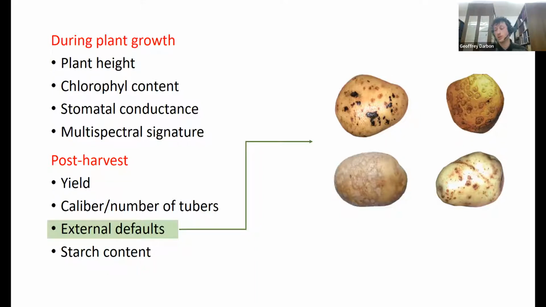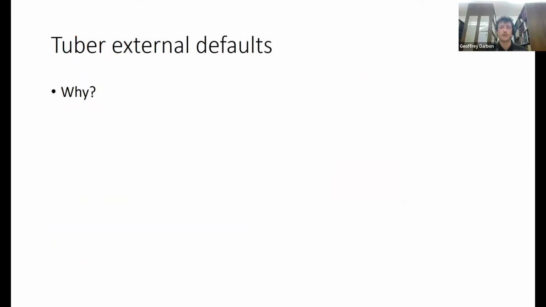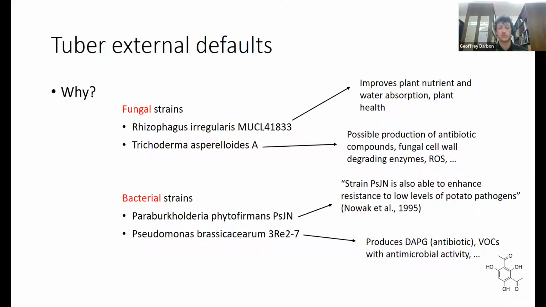They can be caused by fungal or bacterial pathogens. Why were we looking at these symptoms? Because it is quite known that all these strains that we inoculate promote plant growth, but they can also provide biocontrol against various pathogens.